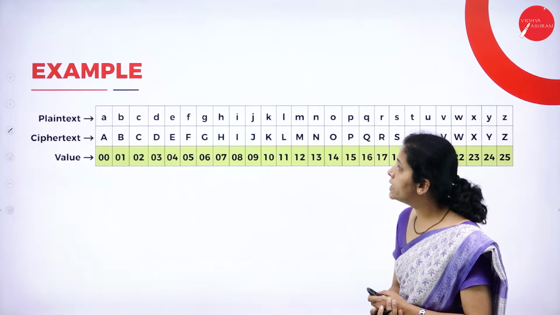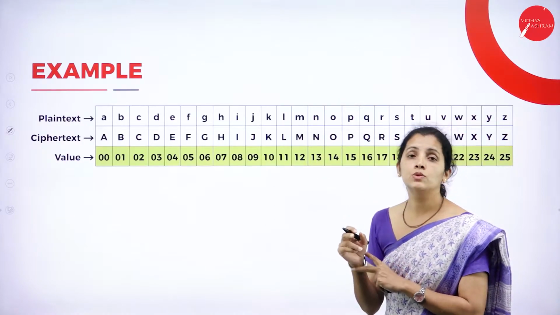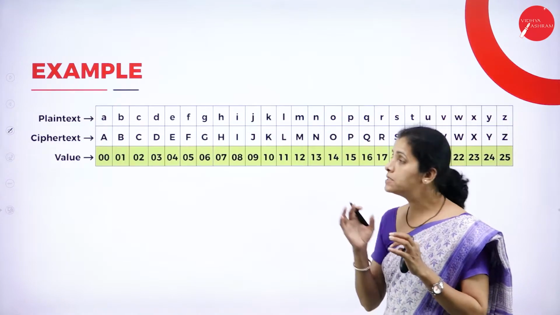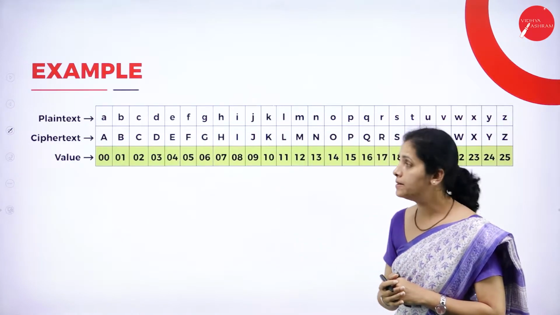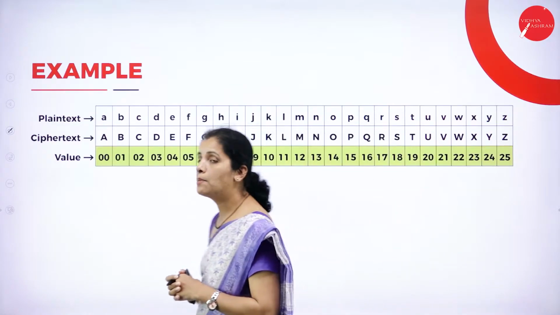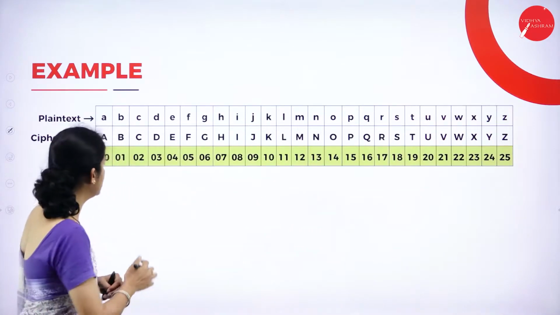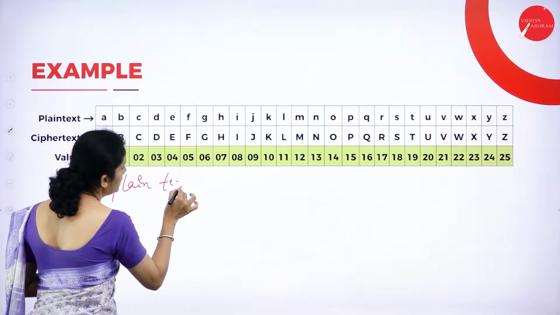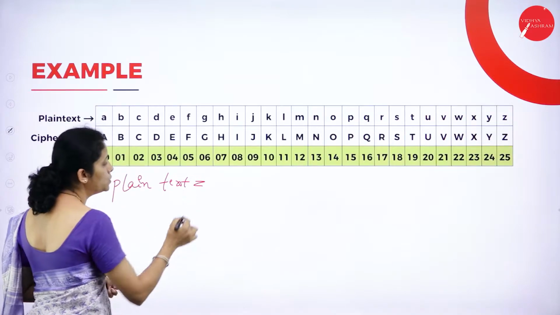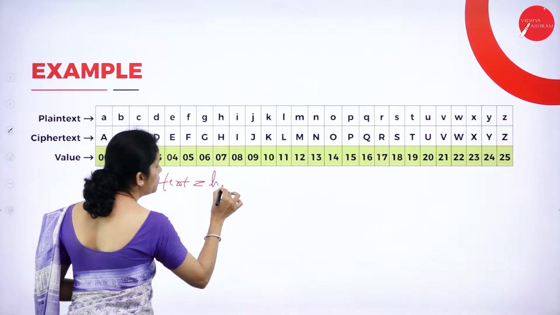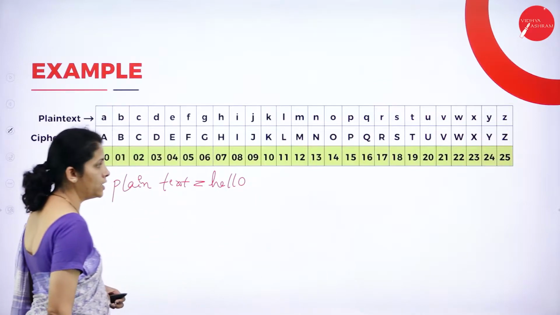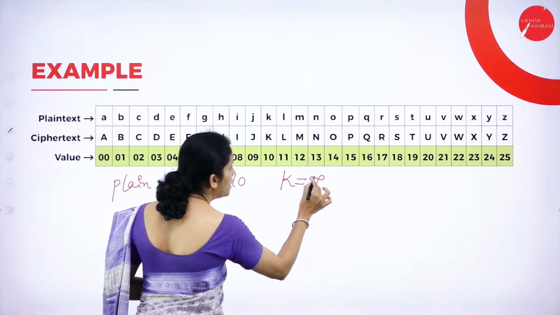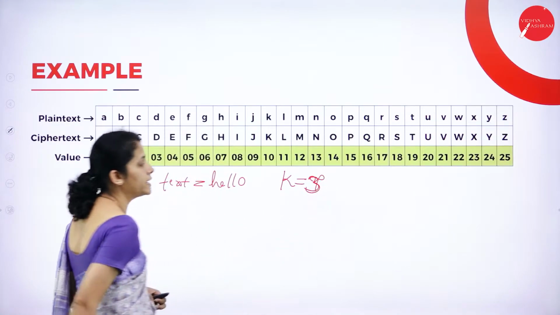Now, dear student, this is the table I need to consider while solving any problems which come under additive cipher. So here consider that I'm going to have the plain text hello and key length equal to 3.